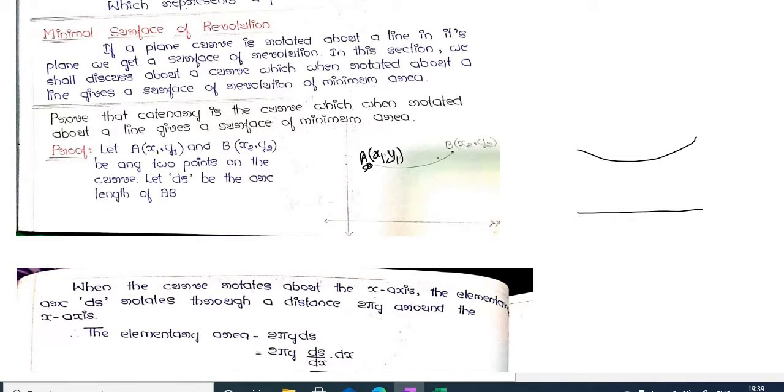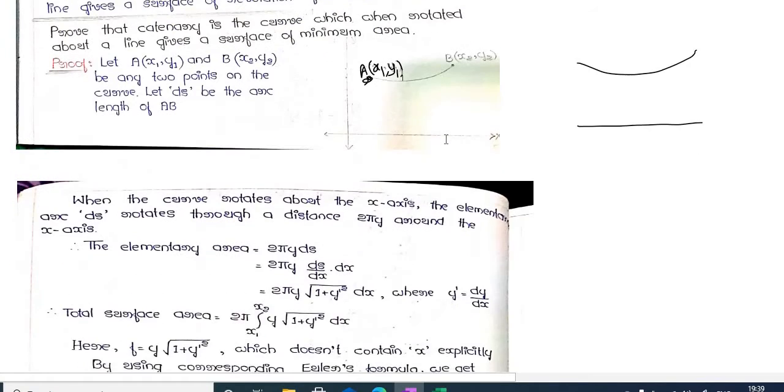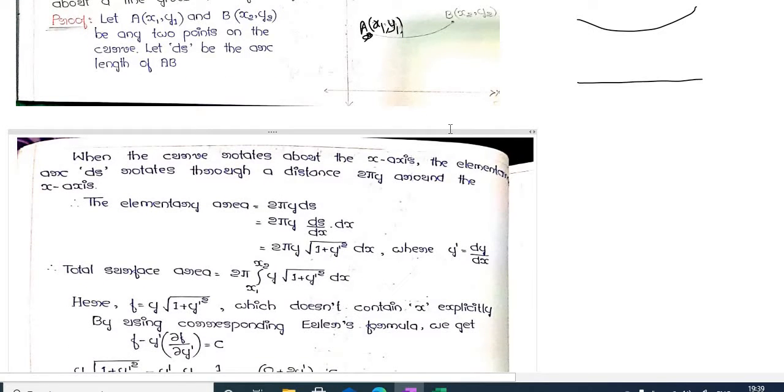Let ds be the arc length of AB. When the curve rotates around the x-axis, the elementary arc length ds rotates through a distance of 2 pi y around the x-axis. So, the elementary area is 2 pi y into ds.